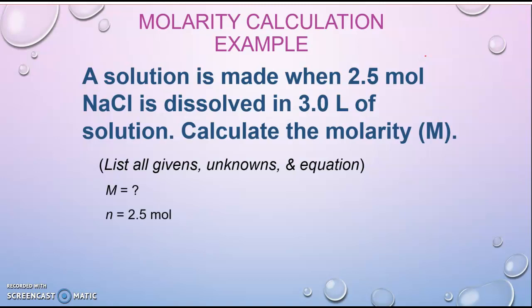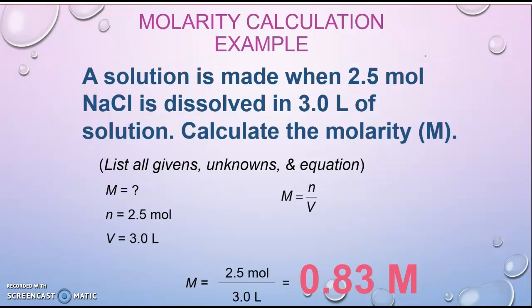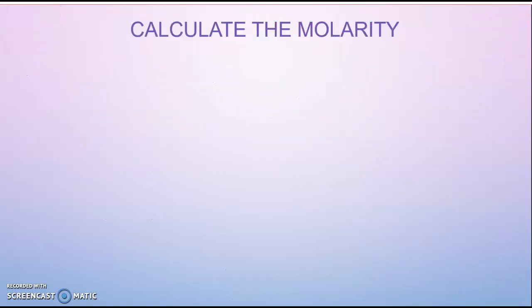We do know n, which is 2.5 moles, and we do know volume, which is 3.0 liters. There's our equation. M equals 2.5 moles divided by 3 liters, which you punch in the calculator and you'll get 0.83 molarity, moles per liter.